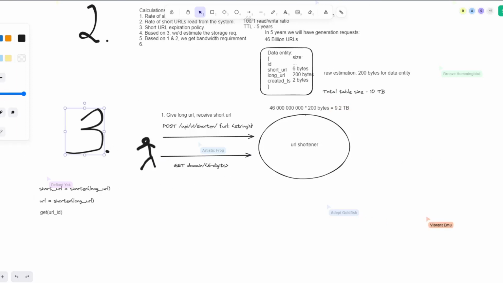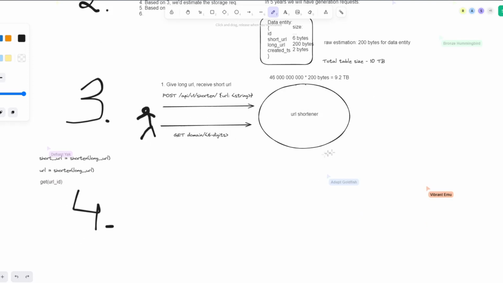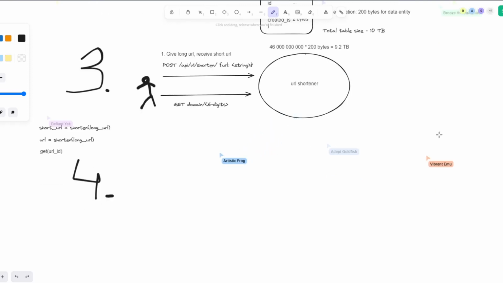And what do you think we should do next? Now comes the actual design, I think. Maybe propose something, the design itself.